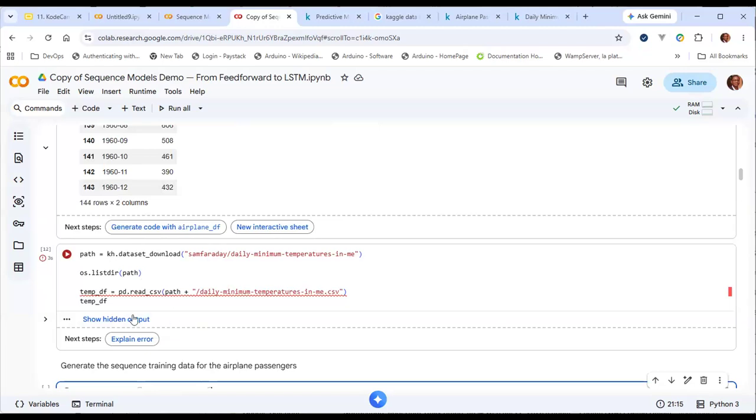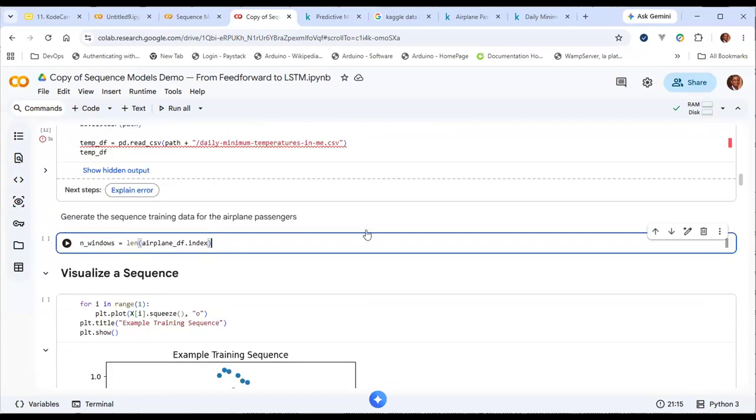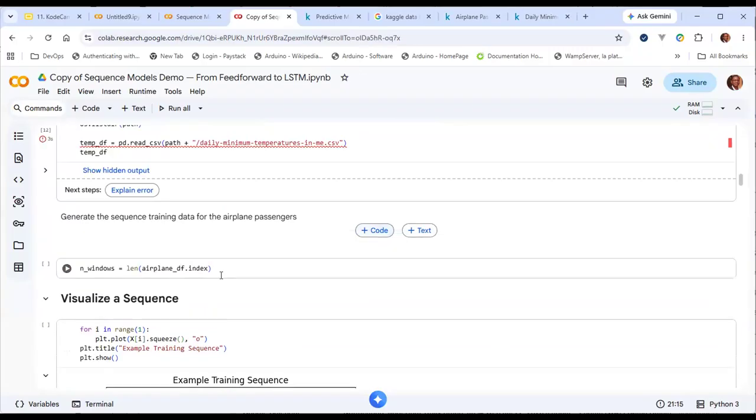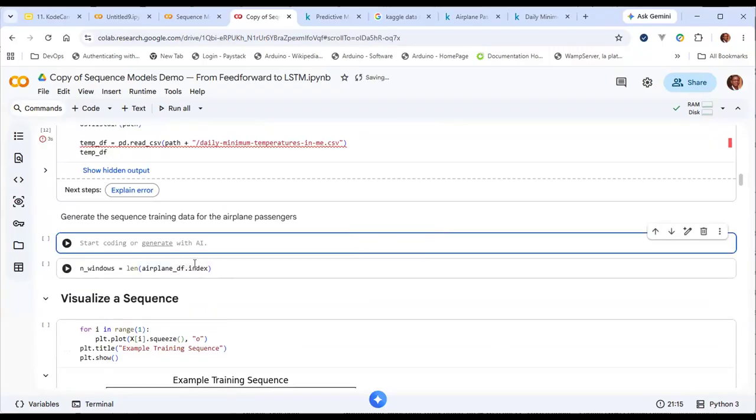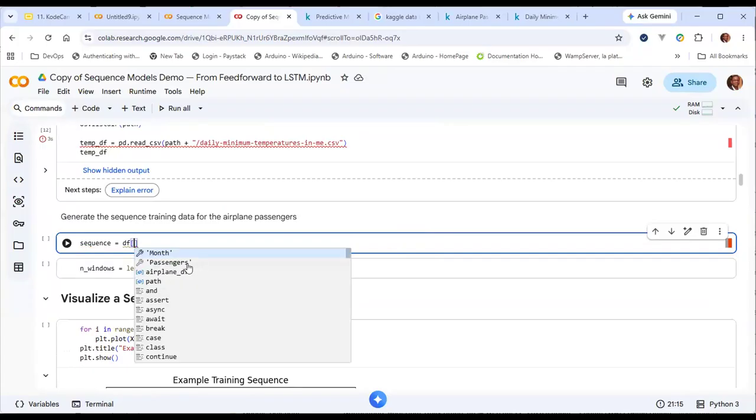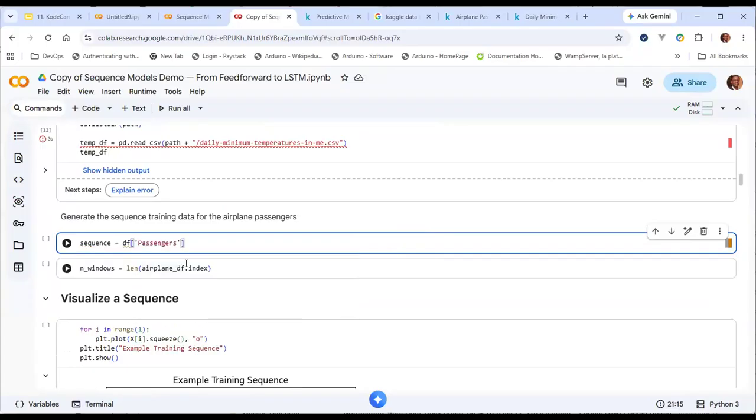As a matter of fact, we could do it this way. Let's start off by taking the X data sequence. The entire sequence is going to be the data frame passengers dot values. Oh, this is the airplane data frame.